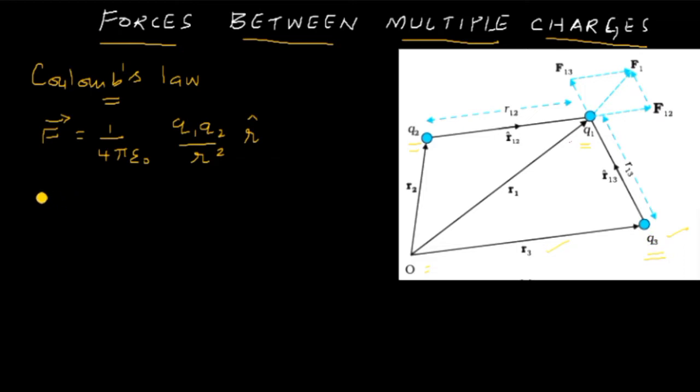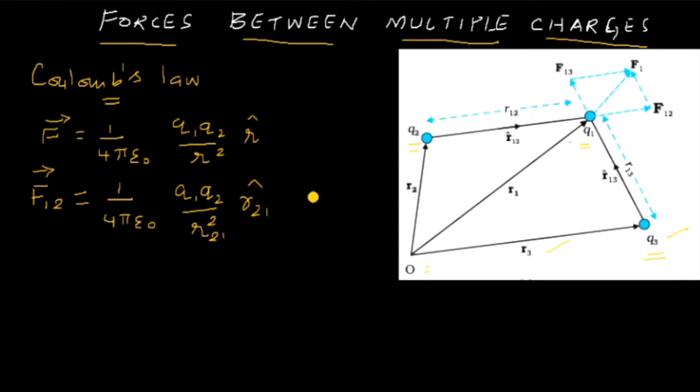Let us first find the force on charge 1 by charge 2, which will be represented as F12 vector. We can write this as 1 upon 4 pi epsilon naught, then Q1 Q2 upon R. This R is the distance between the two charges Q1 and Q2, and this force is directed from Q2 to Q1. So this can be written as R21 square, and the direction is R21 cap.